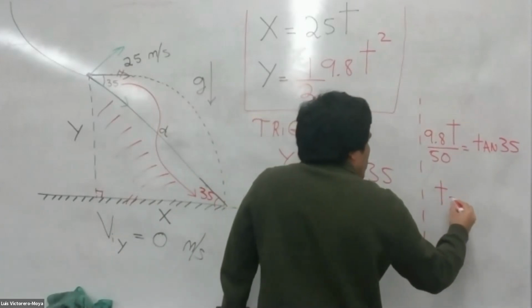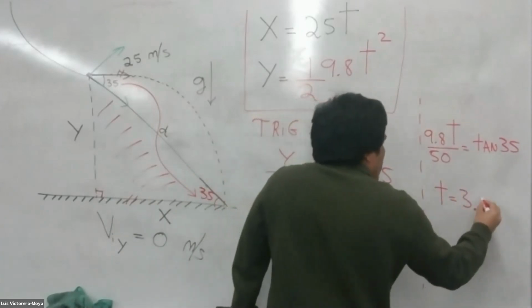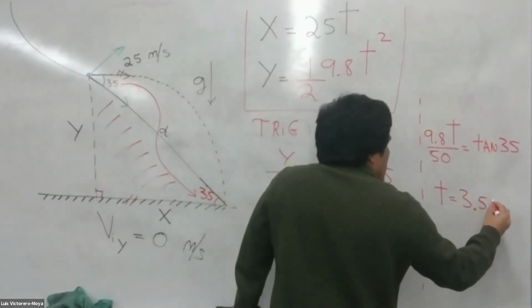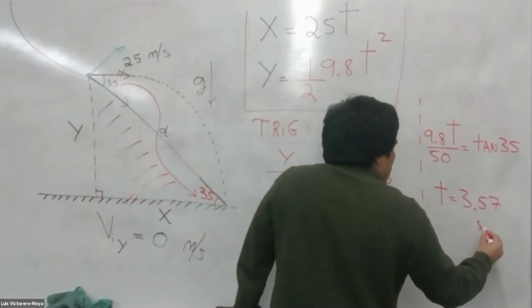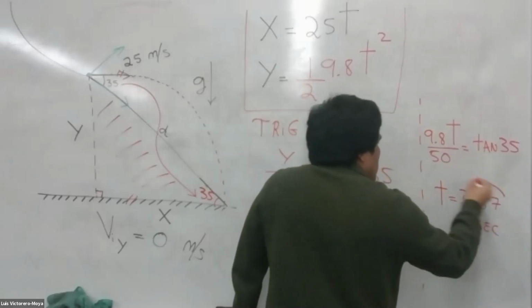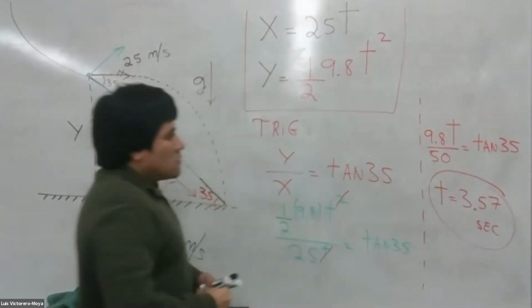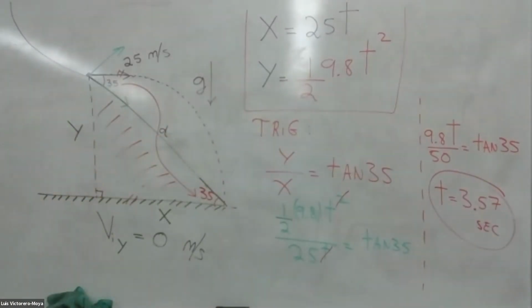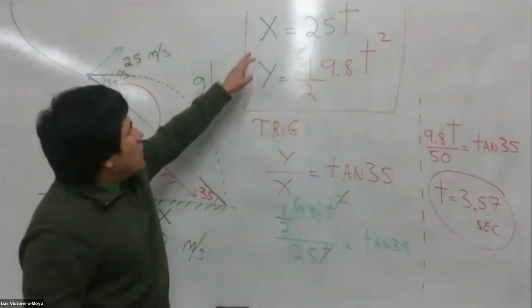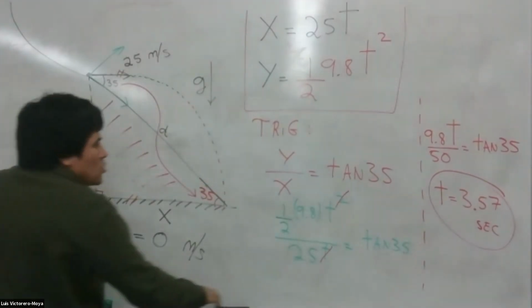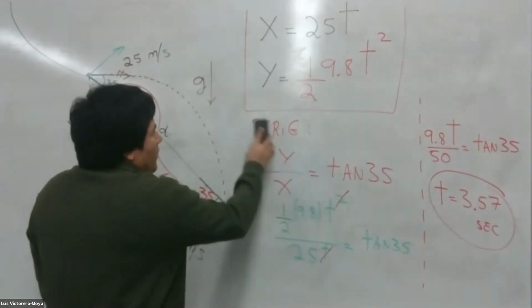If you solve the equation for time, you get 3.57 seconds. 3.6 almost, right? Seconds. And that's it, guys. You replace time here and here, and you will get the values of x and y.